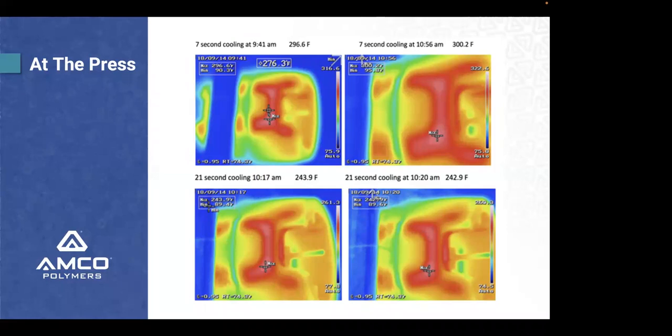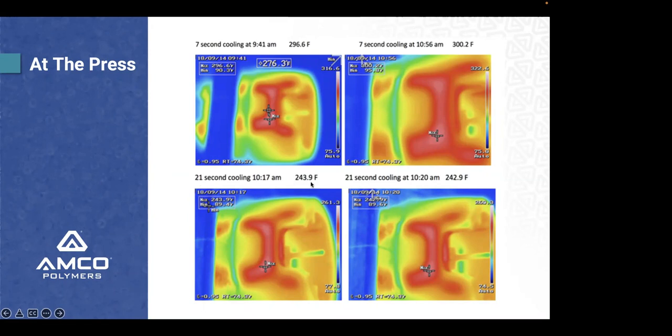We're working on a job here and it has a 7-second cooling time. You'll notice that my part comes out at 296 degrees. And then I added 3 seconds: 7, 9, 11, 13, 15, 17, 19, 21. And obviously the longer I keep it in the tool, my part comes out cooler.